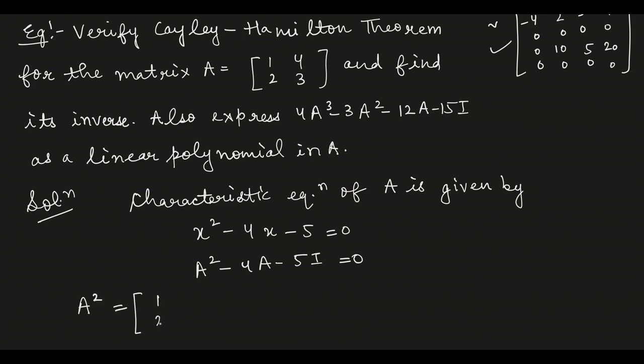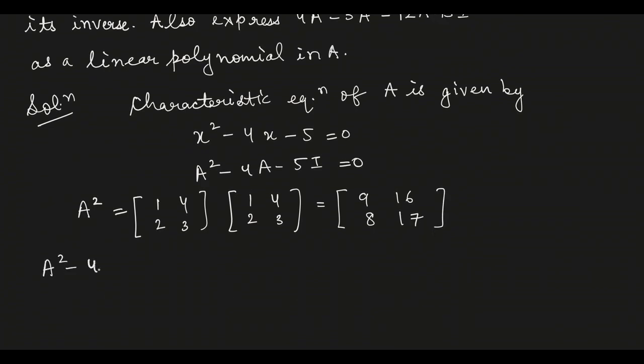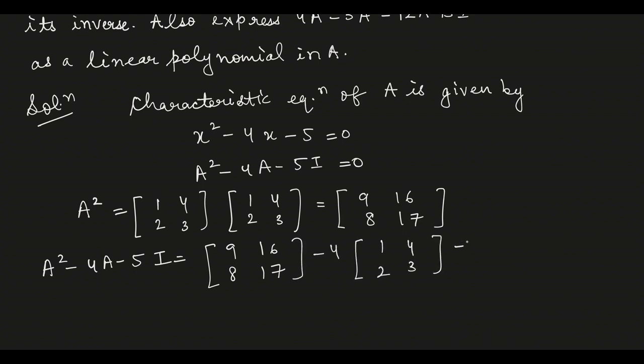So A square is [1 2; 4 3] times itself, which will be 1 plus 8 is 9, 4 plus 12 is 16, 2 plus 6 is 8, 8 plus 9 is 17. Then A^2 - 4A - 5I: 9 minus 4 minus 5 is 0, 16 minus 16 is 0, 8 minus 8 is 0, 17 minus 12 minus 5 is 0.